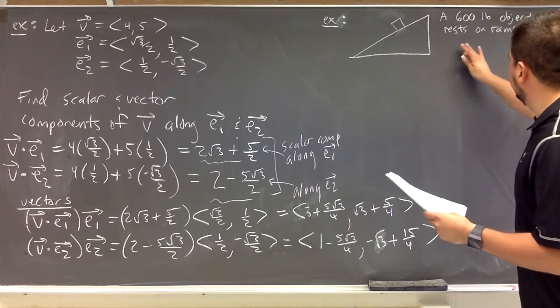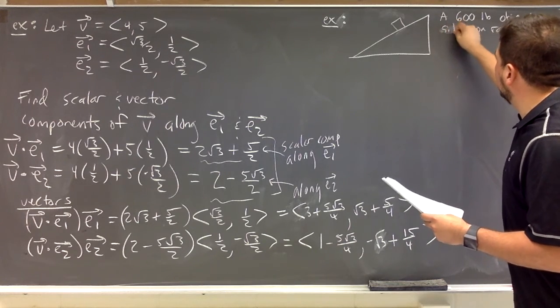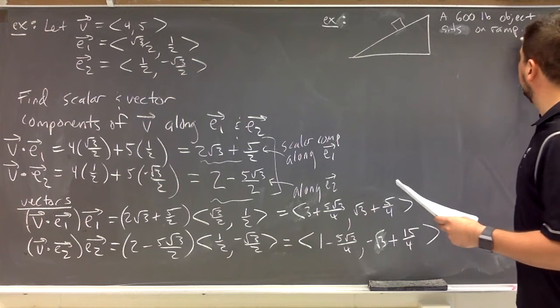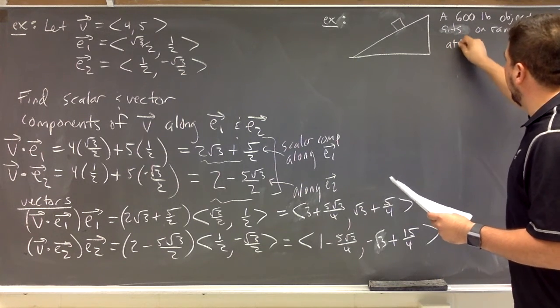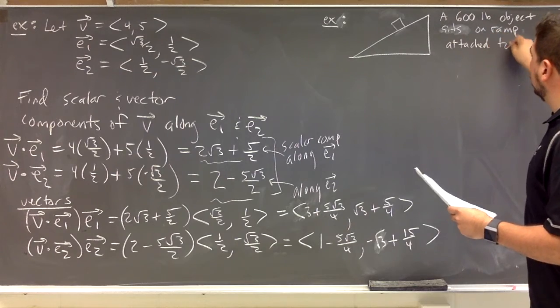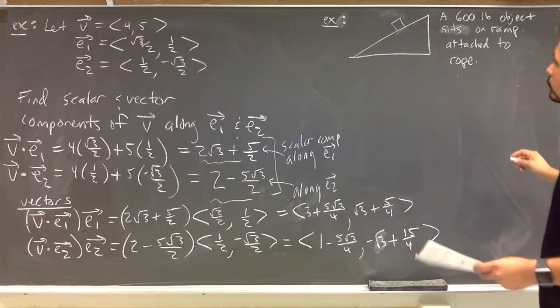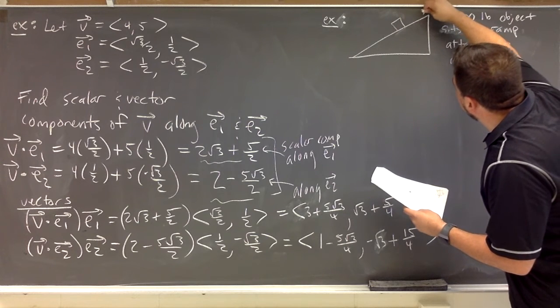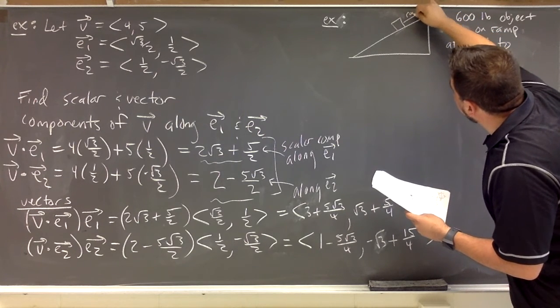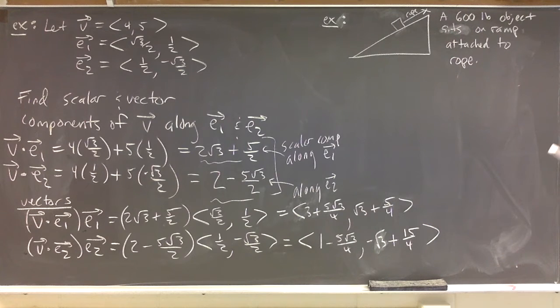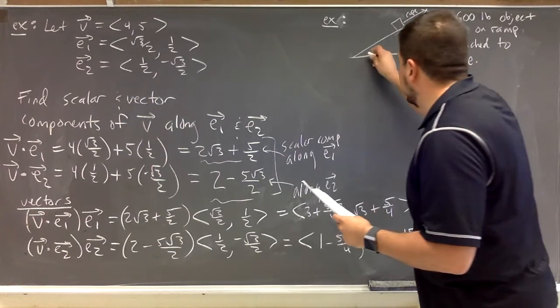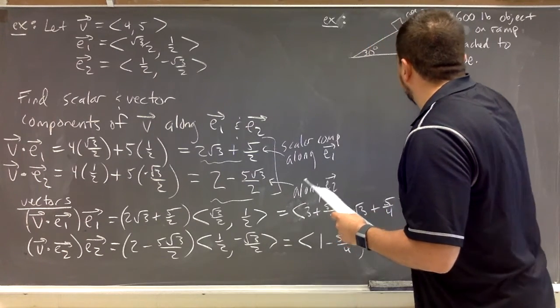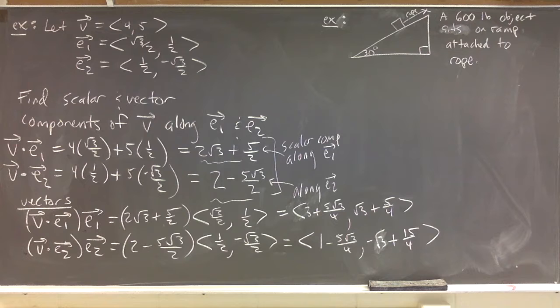It sits on the ramp, and it's attached to a rope. And so here we have a rope attached to it. Okay? And let's say this is a 30-degree incline. 30 degrees right there. The question is going to be, well, two of them.